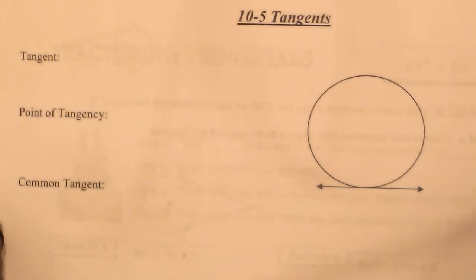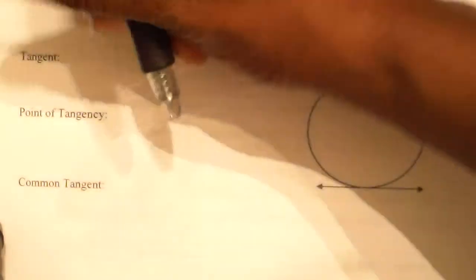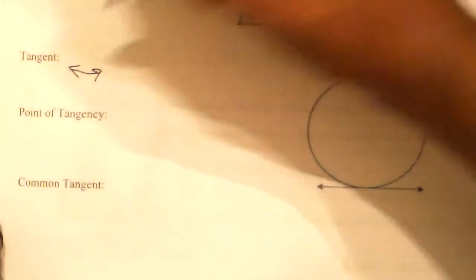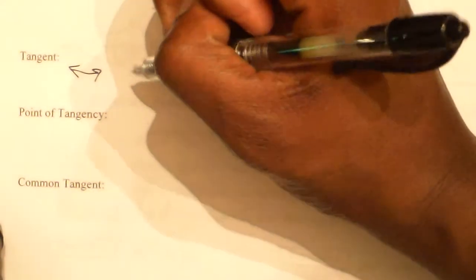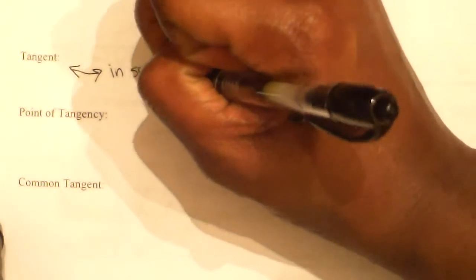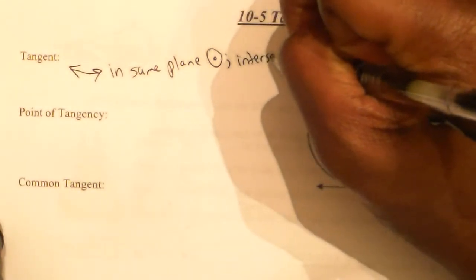So basically it's a line in the same plane as a circle that intersects the circle at one point.